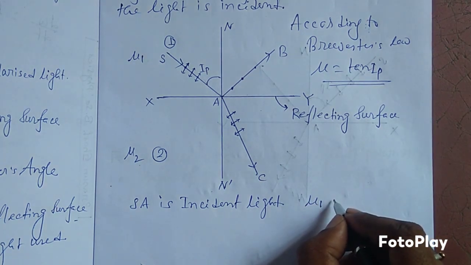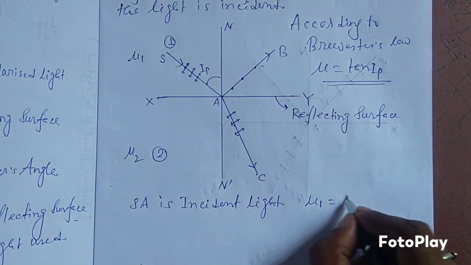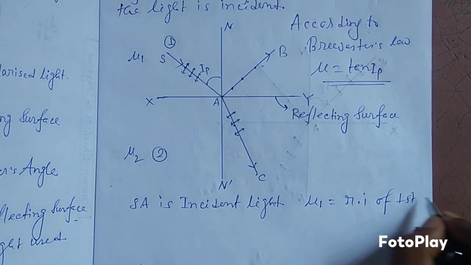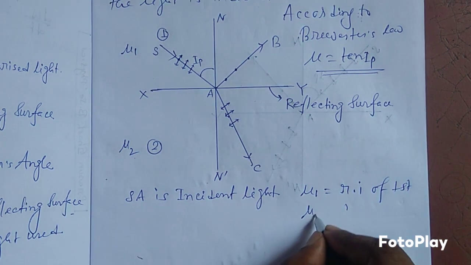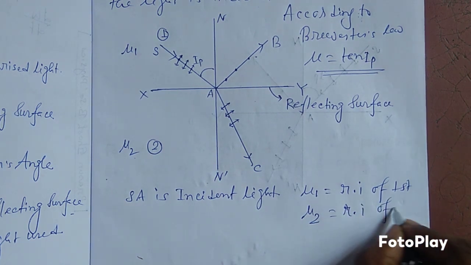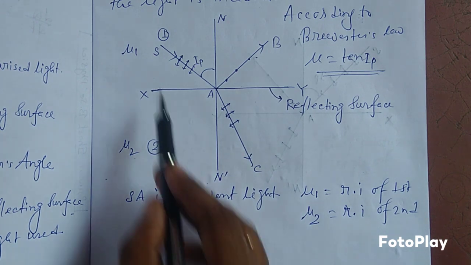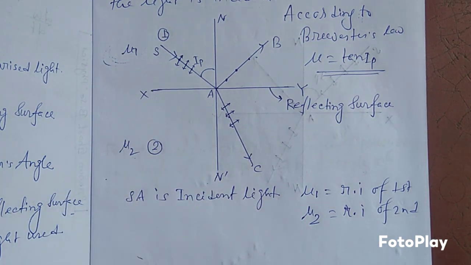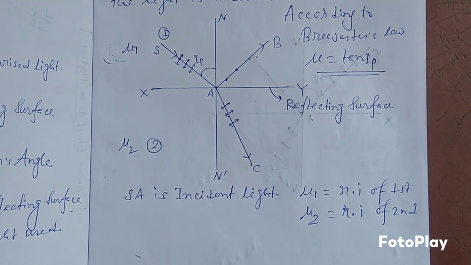Mu1 is the refractive index of the first medium, mu2 is the refractive index of the second medium. So this is the refractive index of this medium and this is the refractive index of that medium.